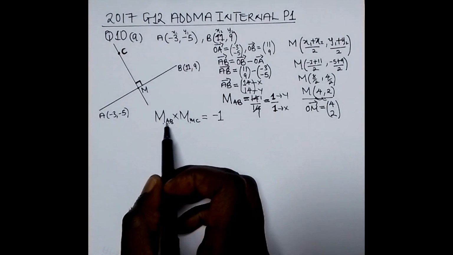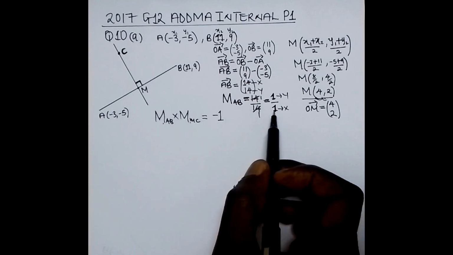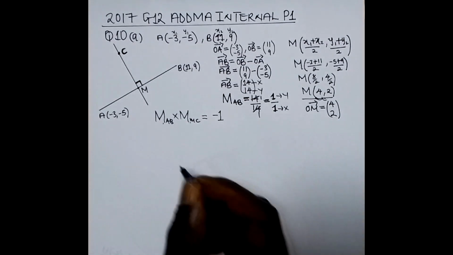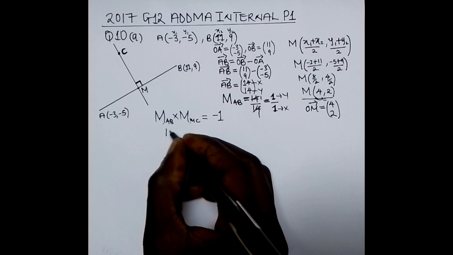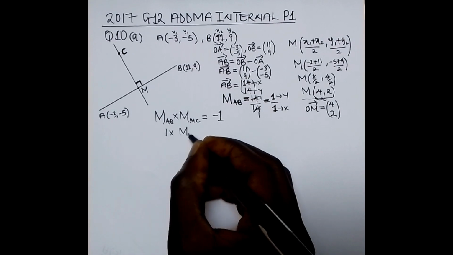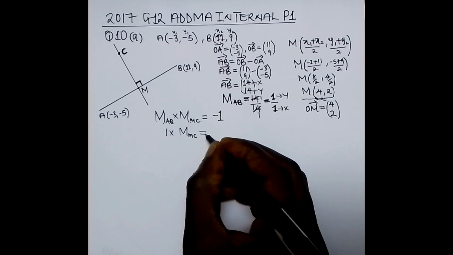Now we've got the gradient of AB, which is 1 from this combination. 1 into 1 is 1. So meaning that here we just put a 1. Now what is 1 times M, meaning gradient of MC, line MC.